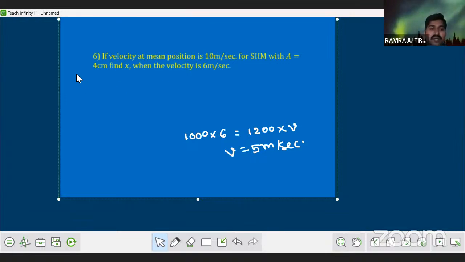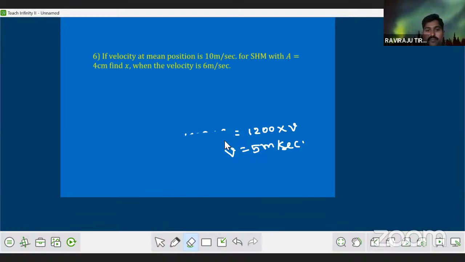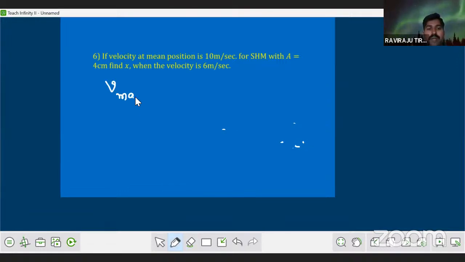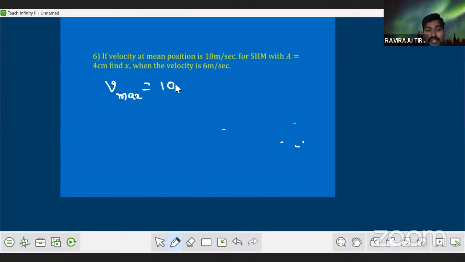So V maximum is given as 10 centimeter per second, and amplitude is given as 4 centimeter. But what is the formula for maximum velocity?